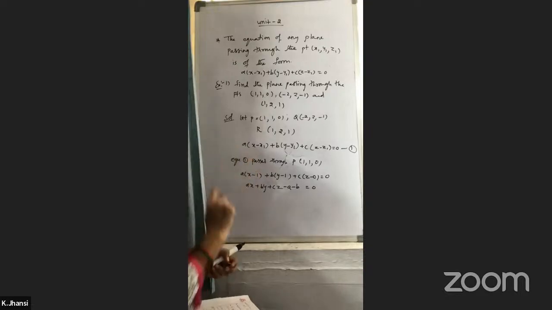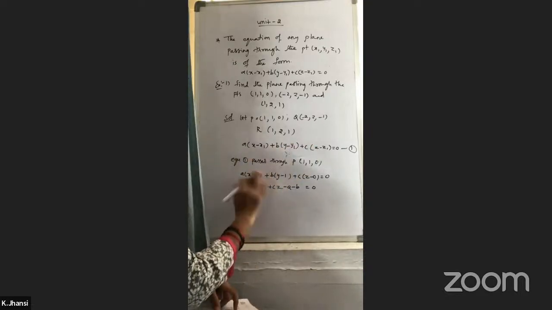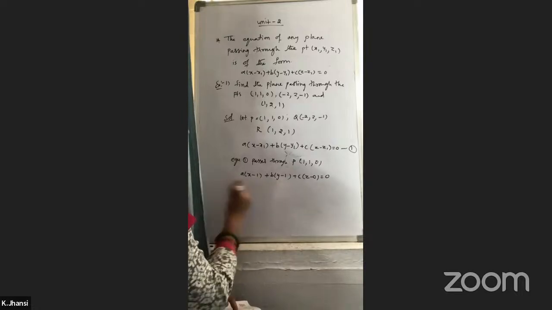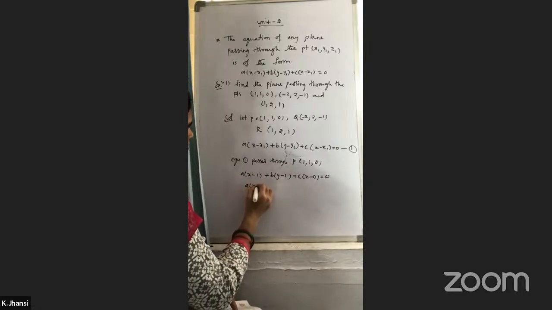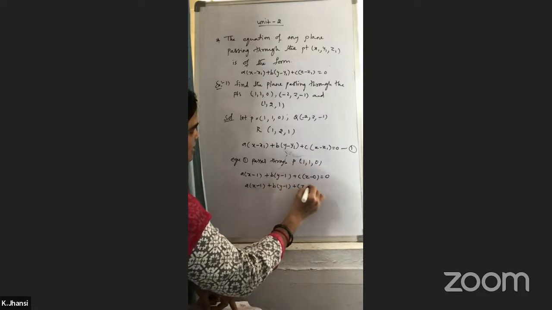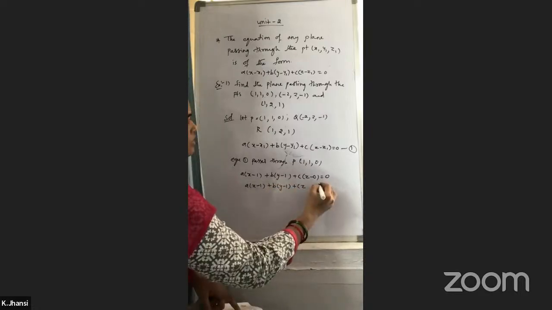Okay. You can simplify this one, or else you can keep it like this only: a(x - 1) + b(y - 1) + cz = 0.